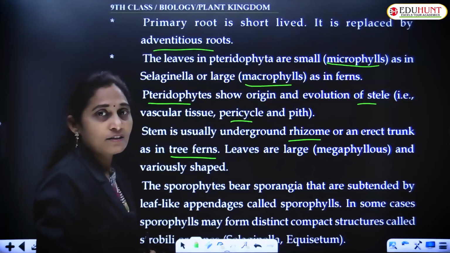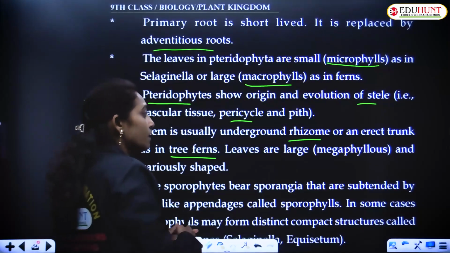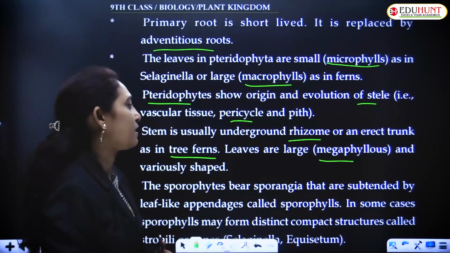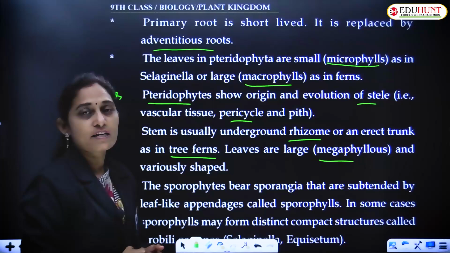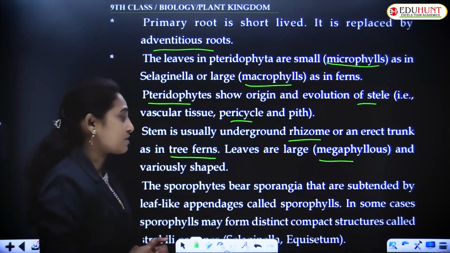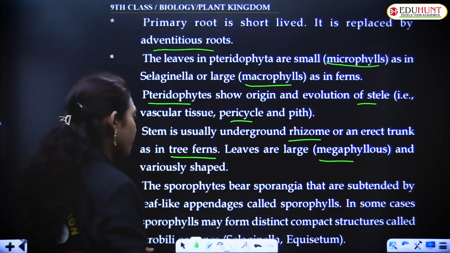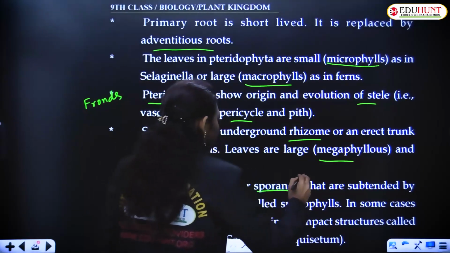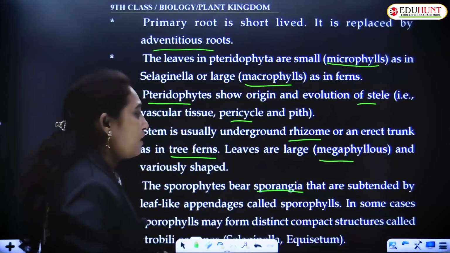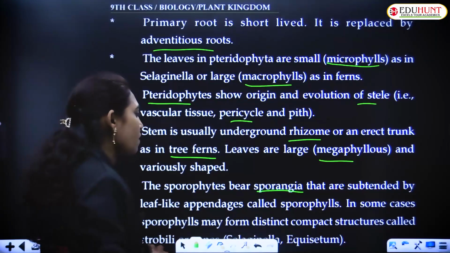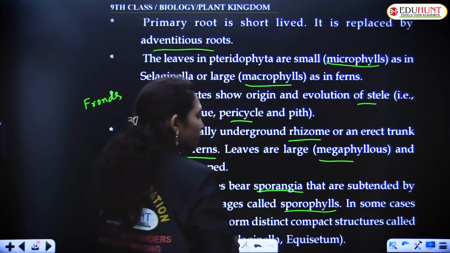Leaves are large, that is, megaphyllous leaves or macrophyllous leaves, and variously shaped. The sporophytes bear sporangia that are subtended by the leaf-like appendages called sporophylls.